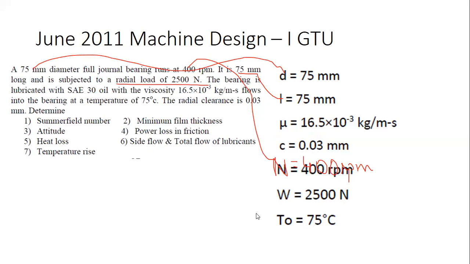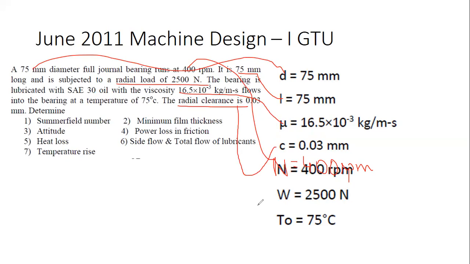Viscosity, mu, the absolute viscosity, which is in kilogram per meter second. Like I said, we'll have to do the conversion. Radial clearance: in the Raimondi-Boyd method in the Bhandari design data book, it is radial clearance.